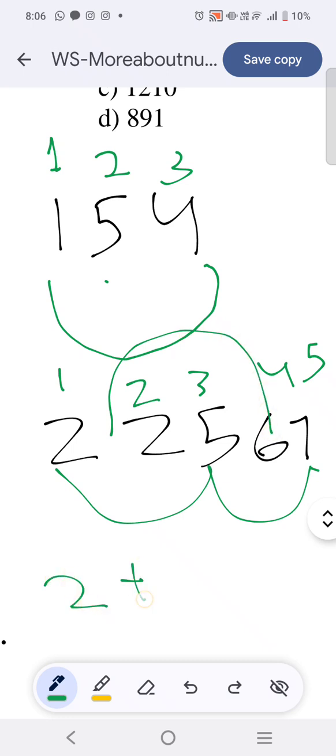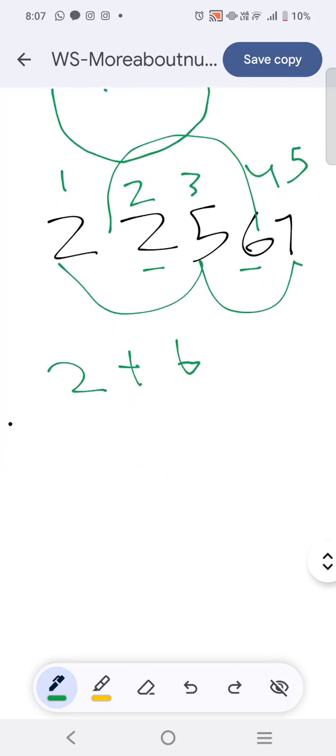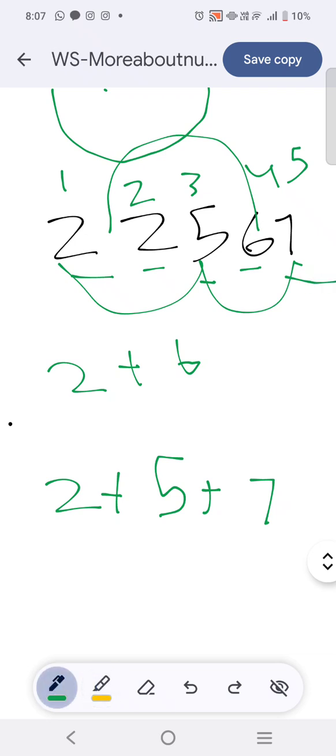Then we'll do 2 plus 6, because the 2 is here and the 6 is here, they both are even. Then on the other positions, 2 plus 5 plus 7, because 2 here, 5 here, 7 here. So we'll do it like this.